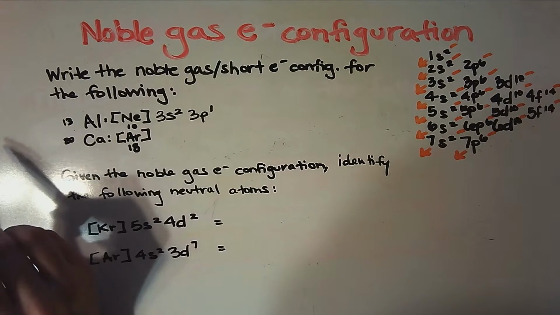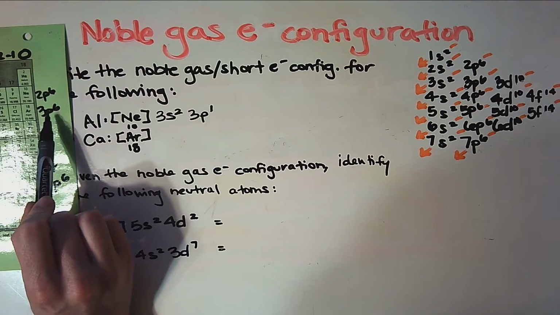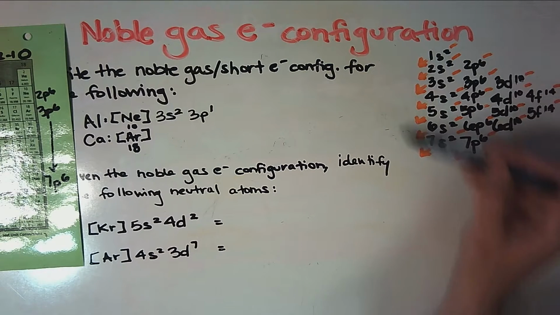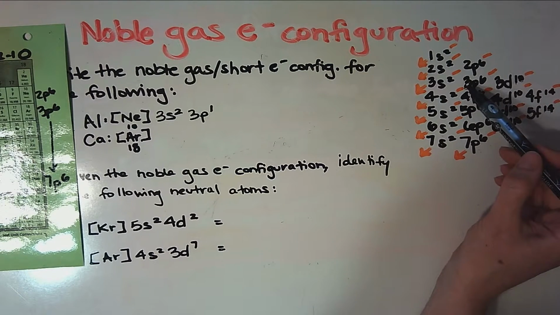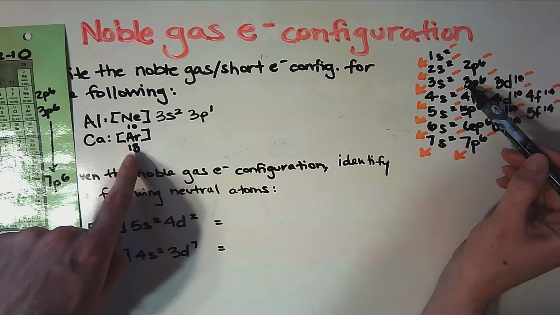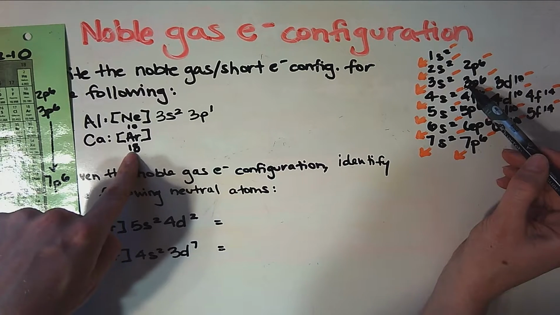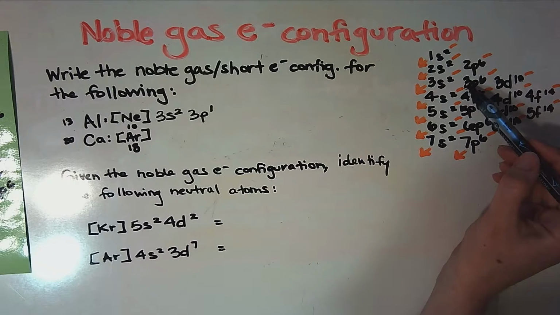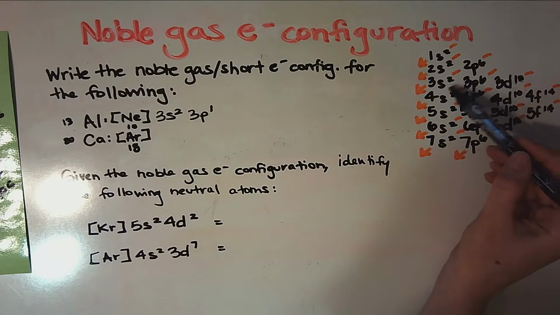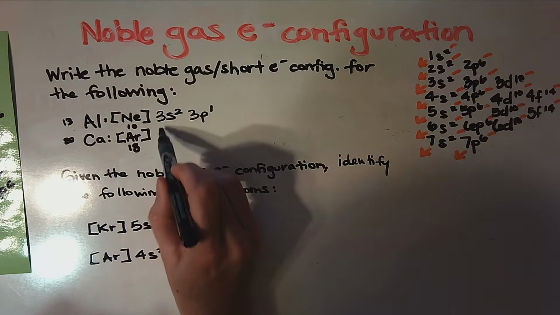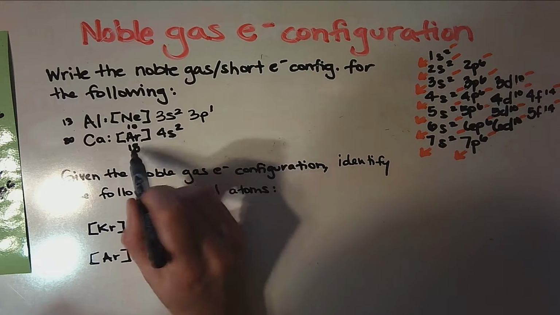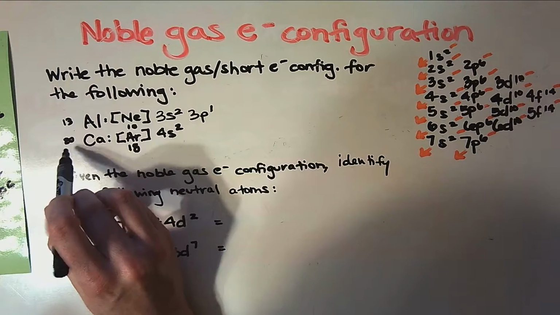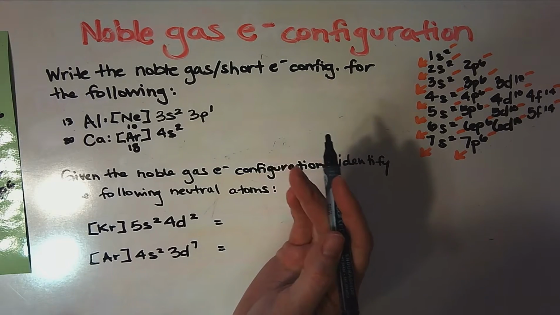Argon ends at 3p6. I'm going to find that on my alpha chart, which is right here, and keep going from this point until my top numbers, in addition to this 18, add up to 20. 3p6 is where we left off, so 4s2. 18 plus 2 gives me 20. So I'm good on that one.